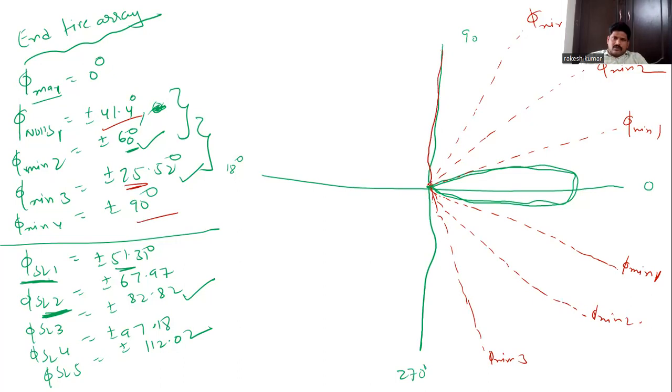In this direction, this is our phi minimum 4, and this is our phi minimum 4. Okay. Now let us draw the side lobes.